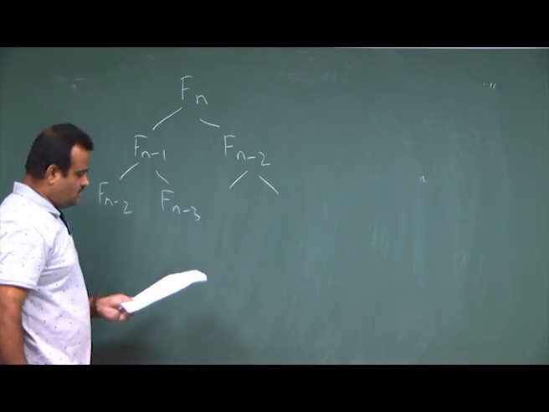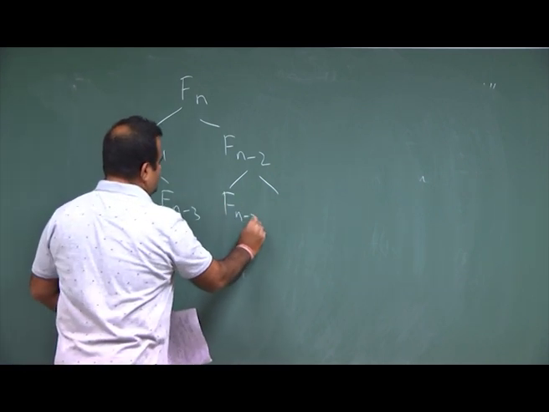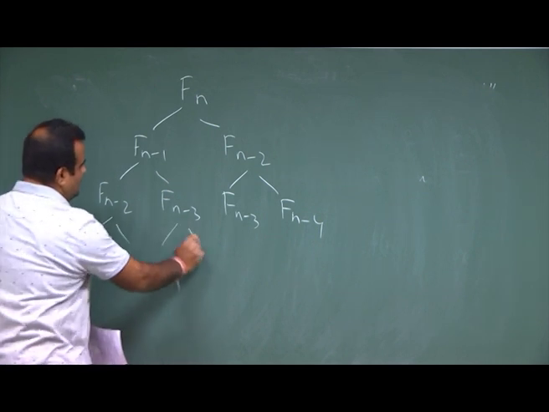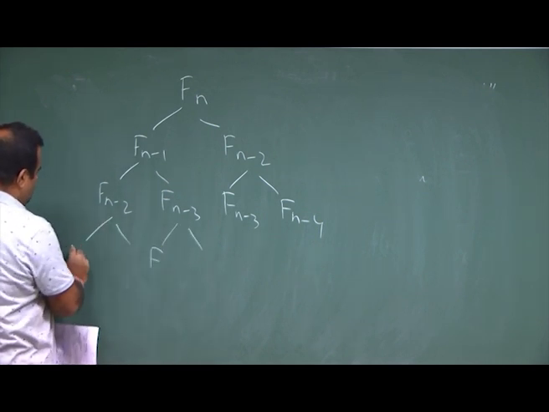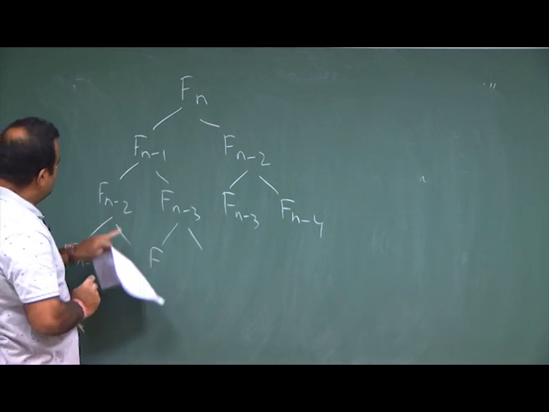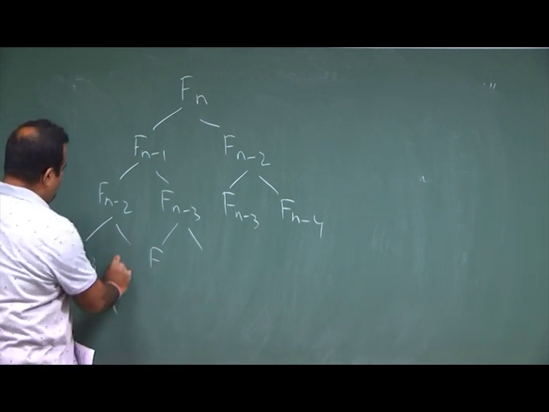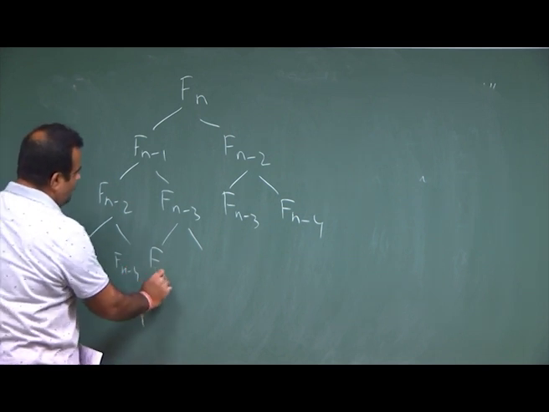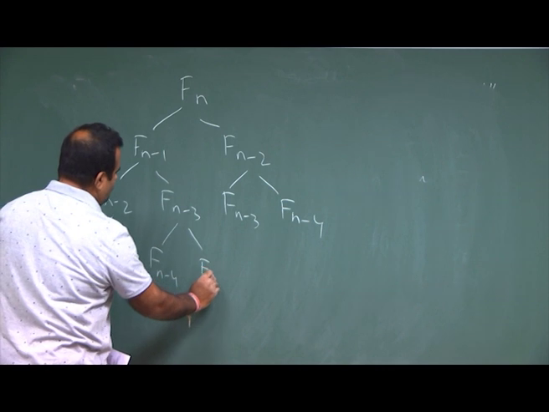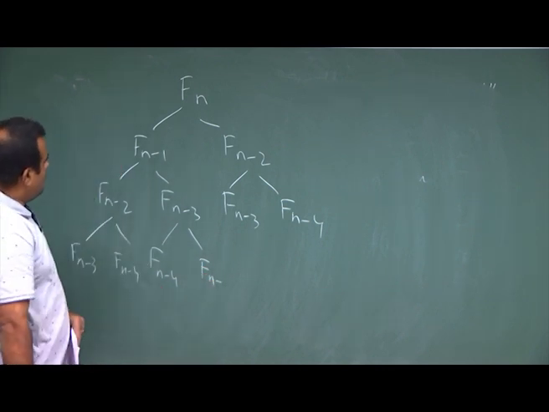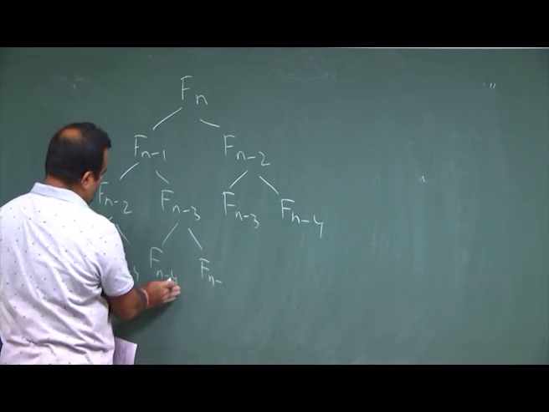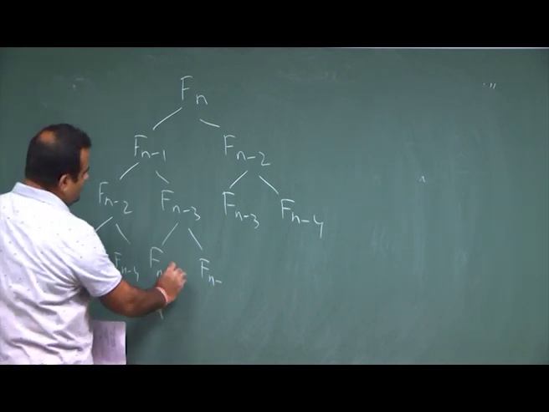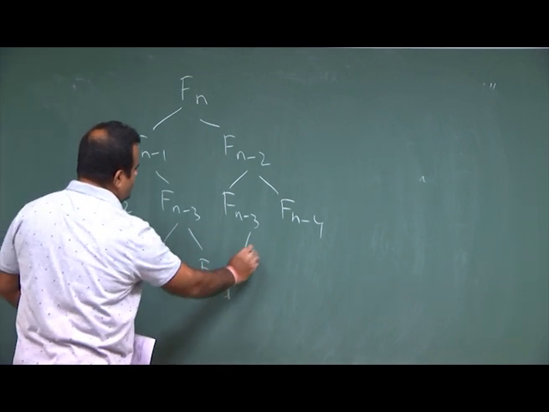So, here also we need to compute f of n minus 3, f of n minus 4. Like this, again f of n minus 2 means f of n minus 3, f of n minus 4, and f of n minus 4, f of n minus 5, like this.